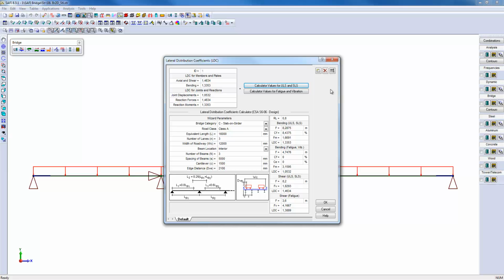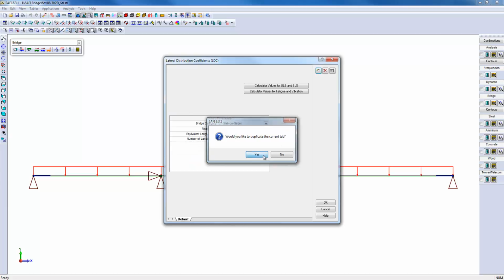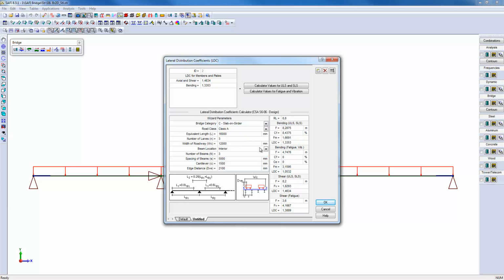However, it is also possible to specify a lateral distribution coefficient which will vary from one beam to another by adding a new tab. In this new tab, you can, for example, specify a different span length. For example, let's select an equivalent length of 18 meters. This gives a different bending lateral distribution coefficient for this tab.